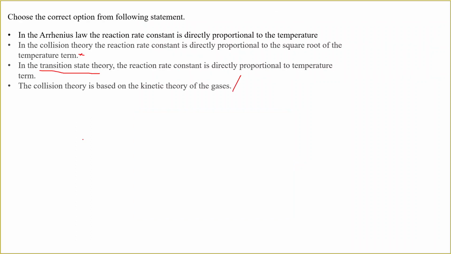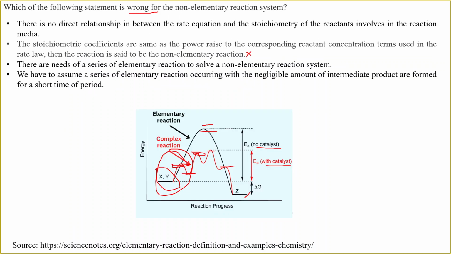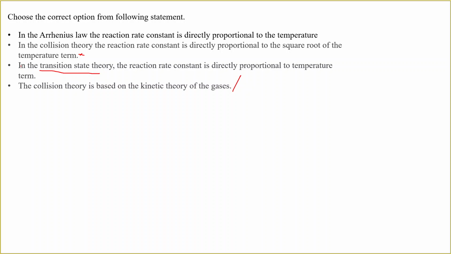So the reaction rate constant is directly proportional to the temperature. As the temperature is higher, the energy required for reaching the intermediate or transition state is much lower. So that is also correct. So 1, 2, 3, and 4 will be the correct answer for this question.